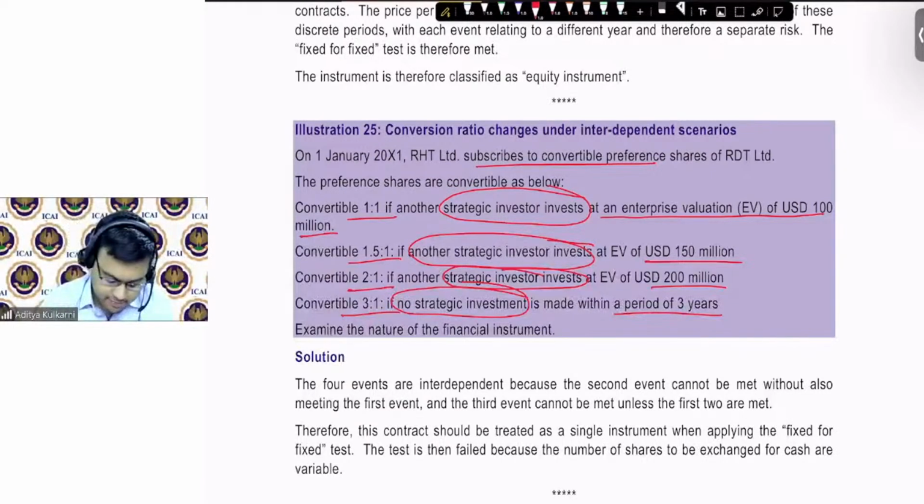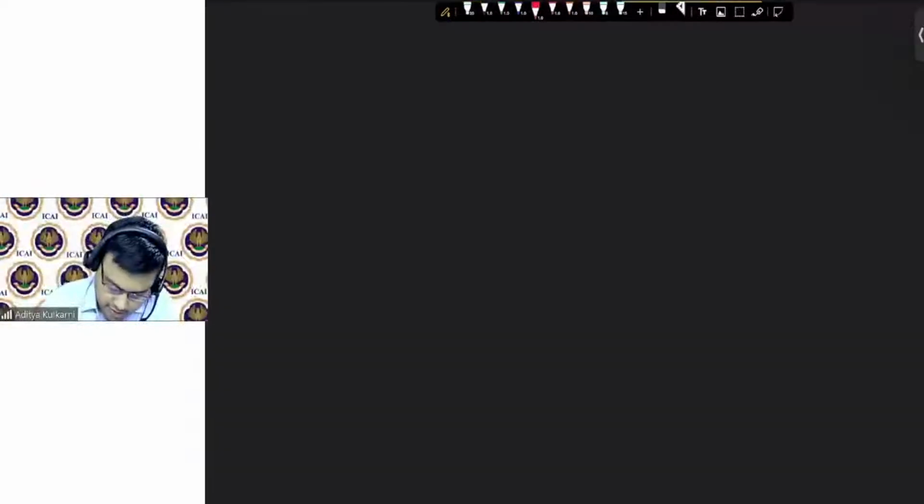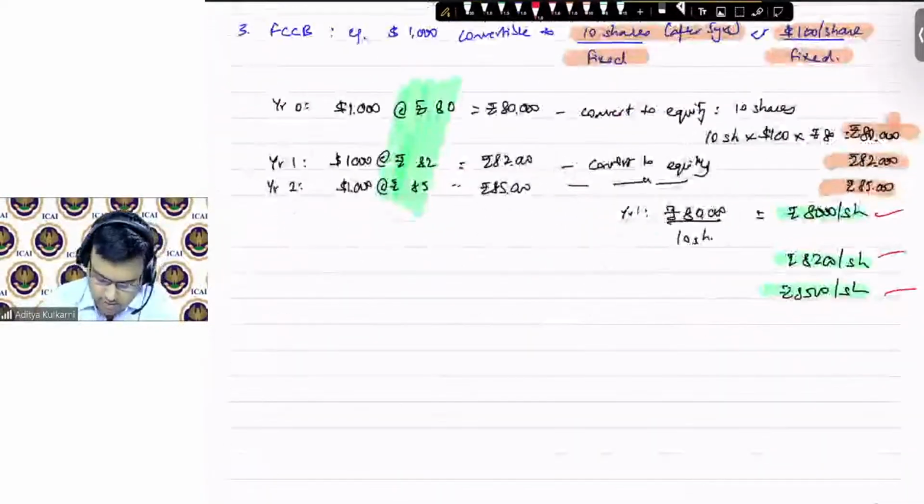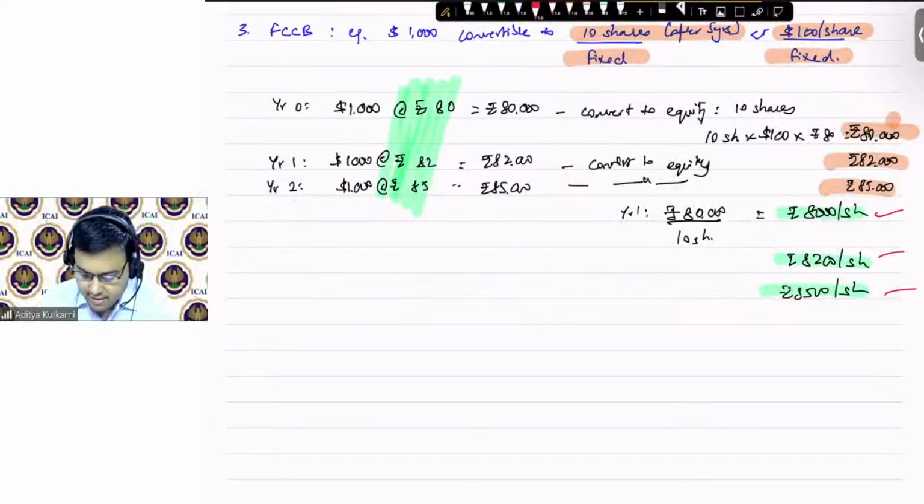Absolutely right. Okay, so illustration 25 also is done for you. Fair enough. No doubt so far. Now we come to the most important part of our chapter. With this, the first part ends, where the definition of financial asset, liability and equity is done in detail.